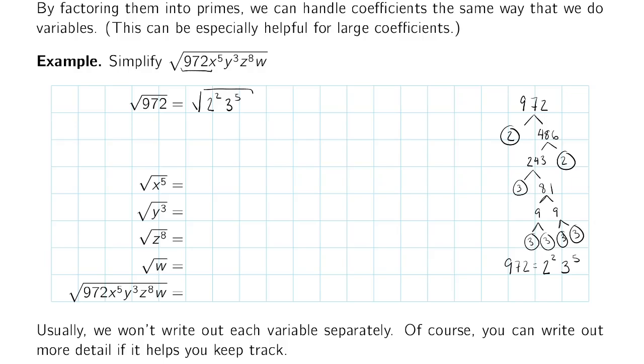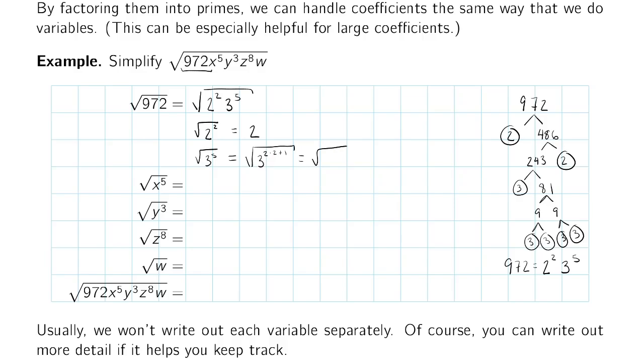Now, the square root of 2 to the second, that's just 2. How about the square root of 3 to the fifth? Well, 5 is 4 plus 1, right? That's 2 times 2 plus 1. So that's the square root of 3 to the power 2 times 2 plus 1.